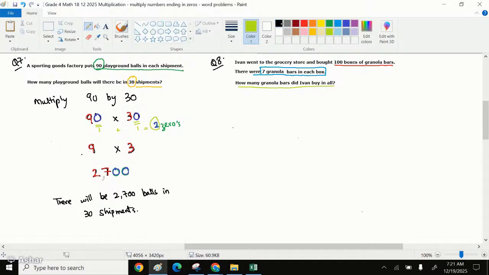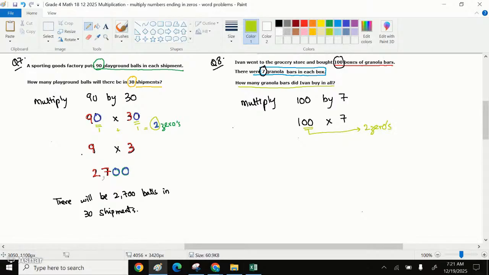So we need to multiply 100 boxes by 7 in each. That means 100 multiplied by 7. Let's count the number of zeros. There are 2 zeros.